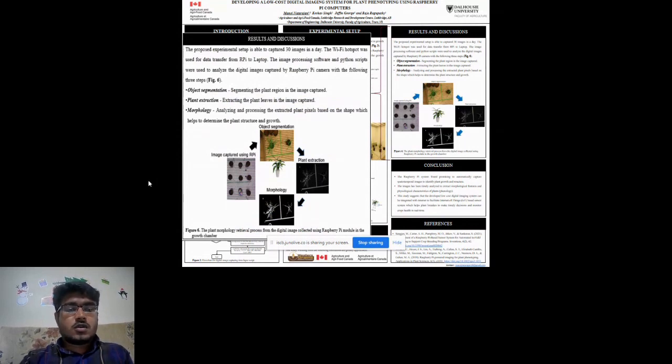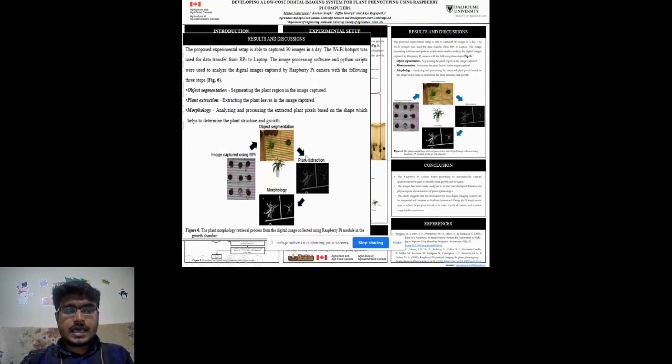The image processing software and Python scripting were used to analyze the digital images captured by the Raspberry Pi camera, with three main important steps for image processing. The first one is object segmentation, which is used to segment the plant region in the captured image.